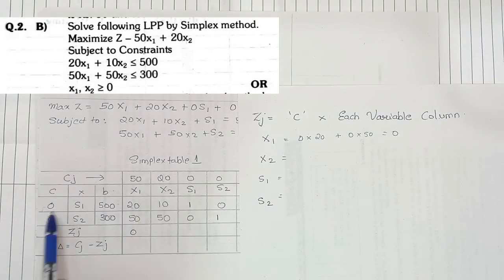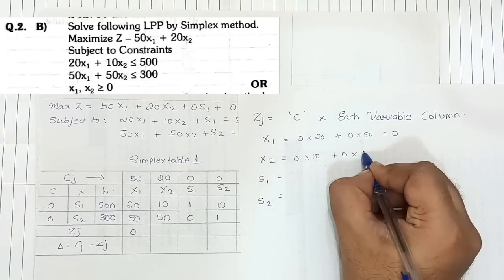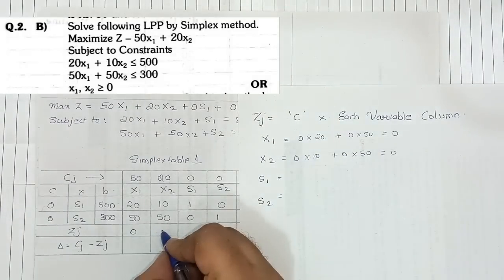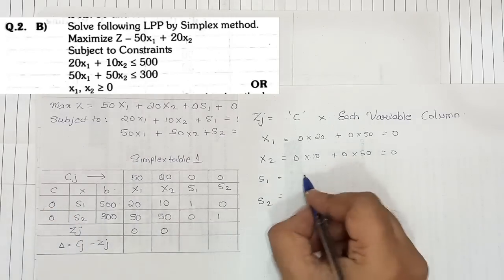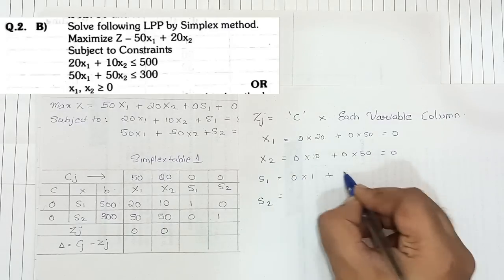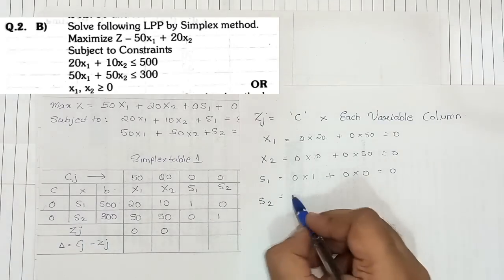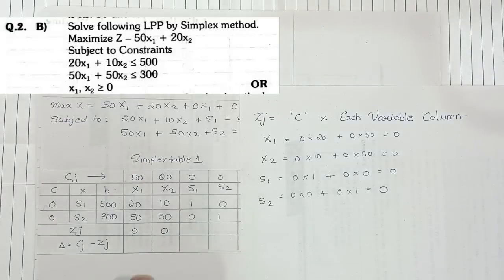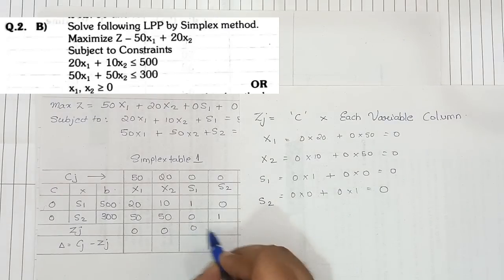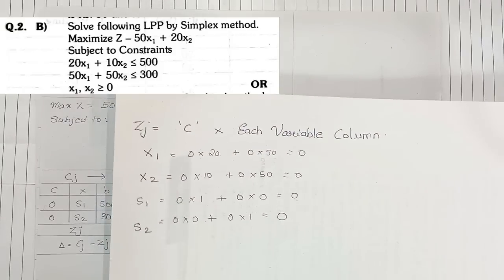Again 0 into 10 plus 0 into 50 comes to 0. Third, for S1, 0 into 1 plus 0 into 0 is again 0. And last, 0 into 0 and 0 into 1 is again 0. So in the first simplex table, Zj will always be 0. That's the first thing you had to find using this formula.